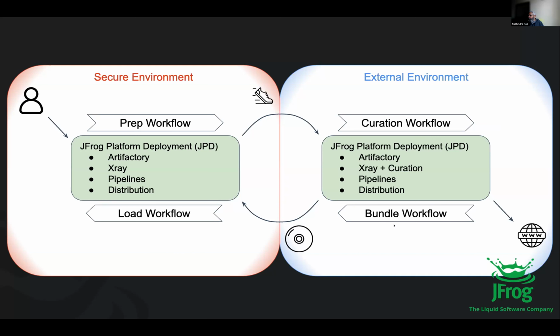And then once you prepare the piece of software that needs to be transferred back to the secure environment, you can use the bundle workflow to bundle it. And then the last piece of workflow is how do you load this back into the JPD so that your end developer will get notified, and then they can start running their CI build.